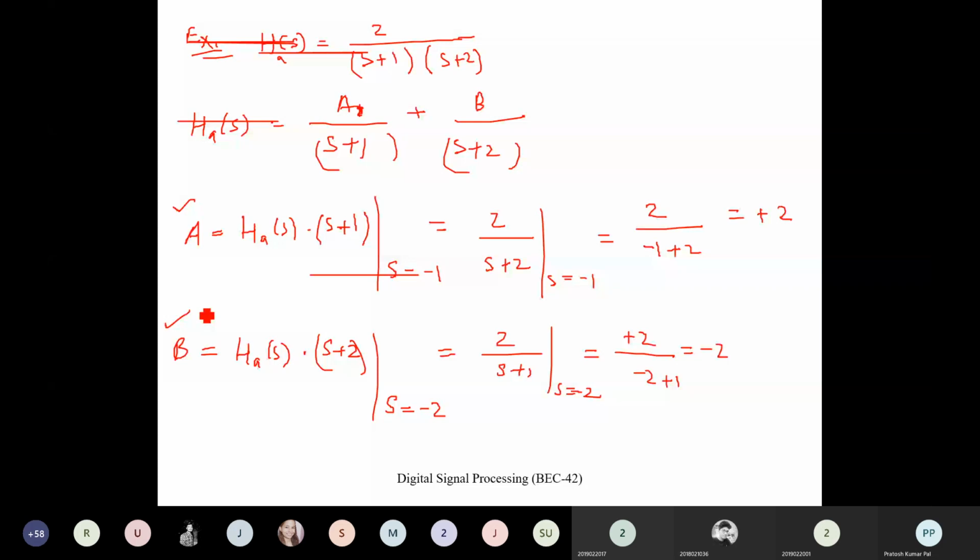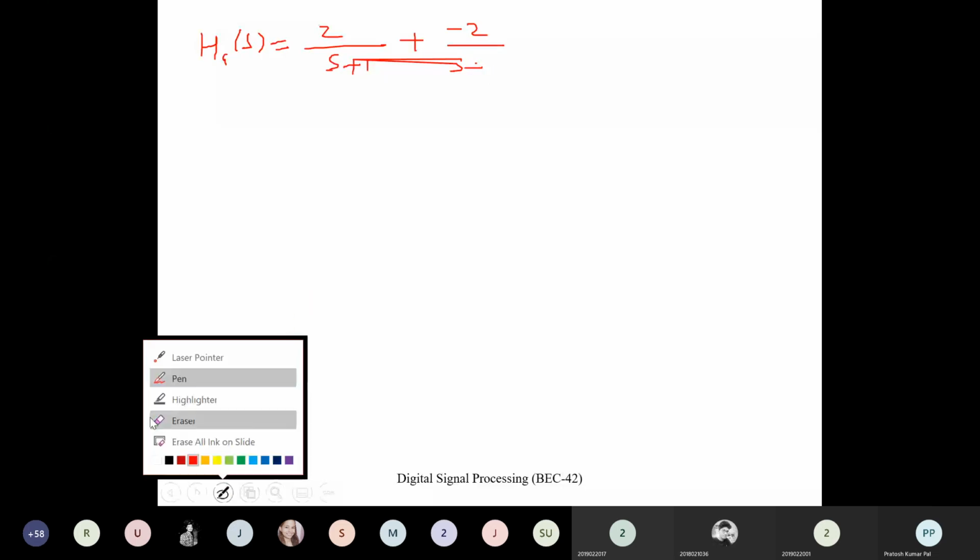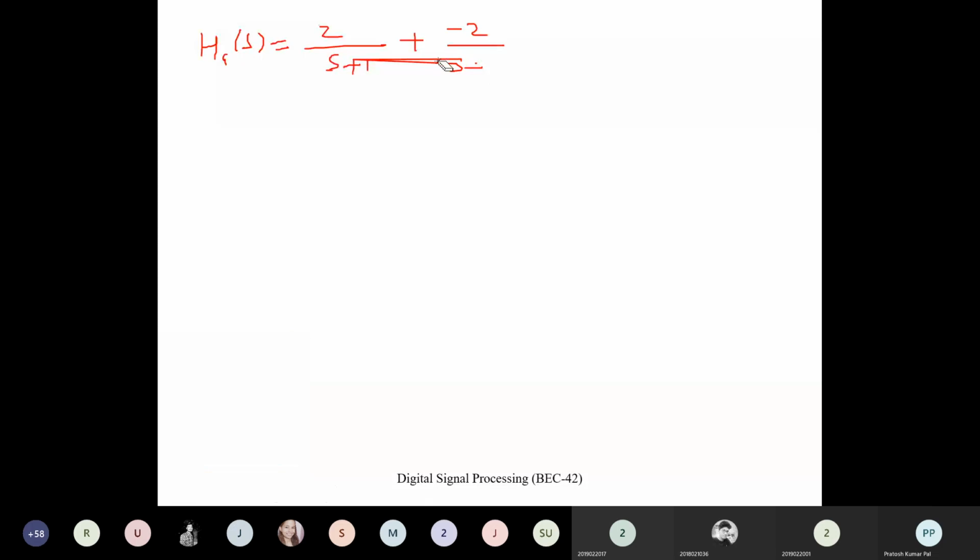So a was 2. So it will be 2 divided by s plus 1 plus the next value, minus 2 divided by s plus 2. Okay.